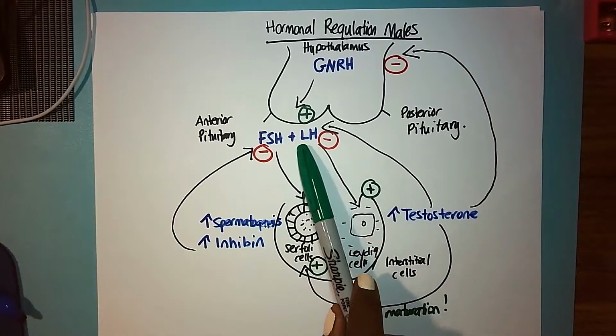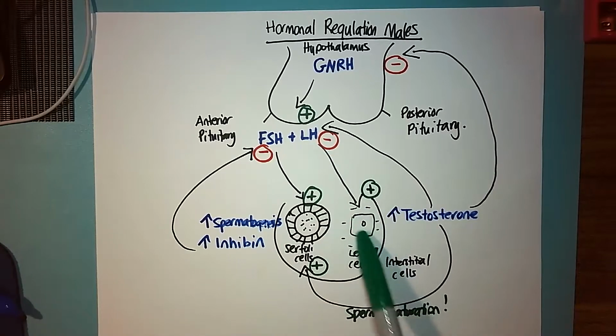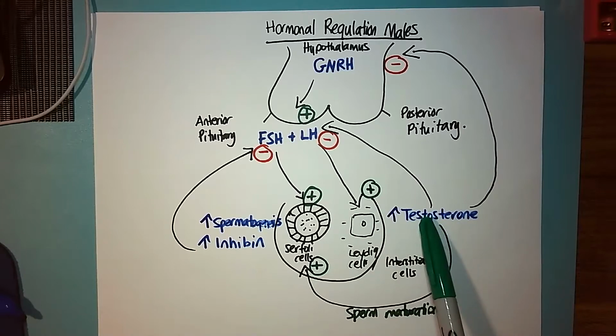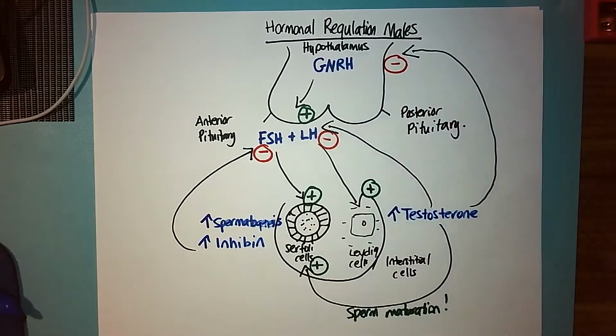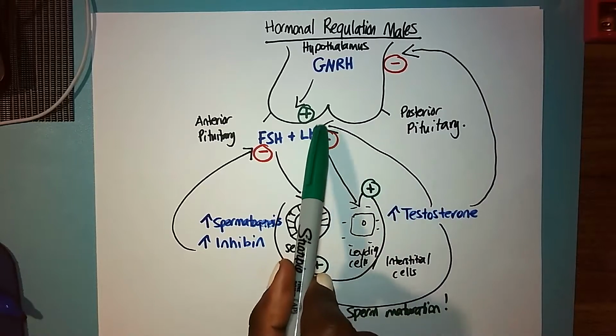Luteinizing hormone, on the other hand, is going to influence the Leydig cells or the interstitial cells to secrete testosterone. And testosterone is going to have three effects. The first effect is it's going to have a negative feedback loop on the hypothalamus to kind of shut all of this down if we have too much testosterone. It's also going to affect the anterior pituitary LH production.